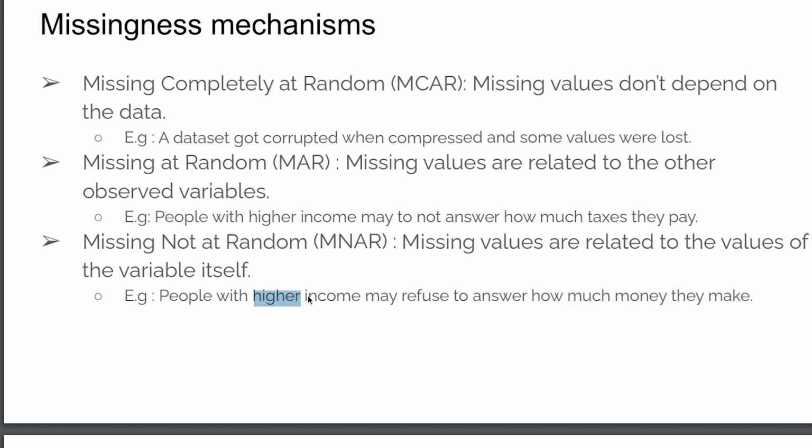So if you had no income feature, you won't be able to do an accurate estimation of the missing values this way because you have no information. And again, the three missingness mechanisms are all assumptions. The only missingness mechanism that you can prove is missing completely at random.